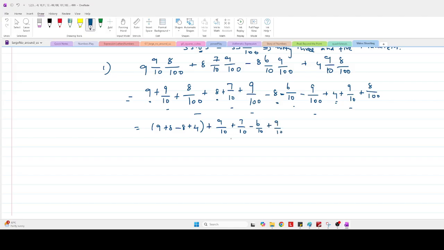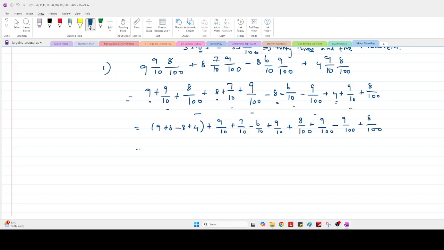So we have written all the tenths here. Now we have to write all the hundredths. Okay. So what are the hundredths? 8 by 100, then plus 9 by 100, then minus 9 by 100, plus 8 by 100, right?